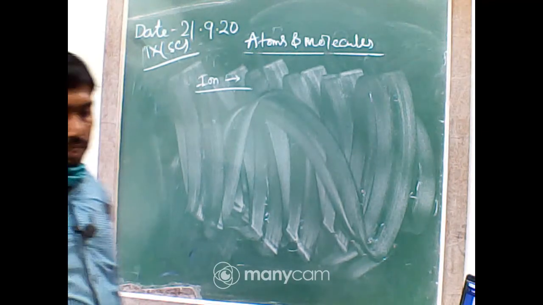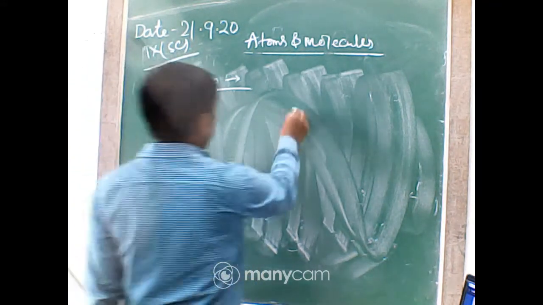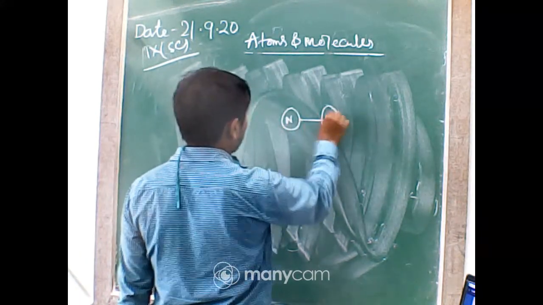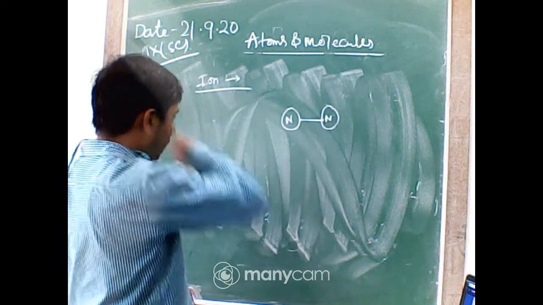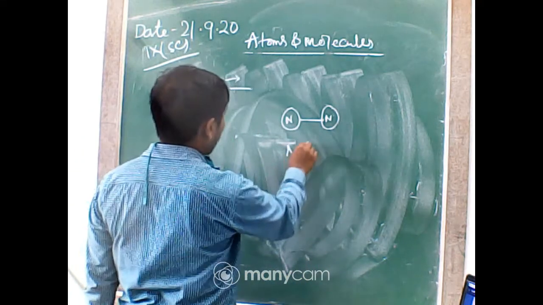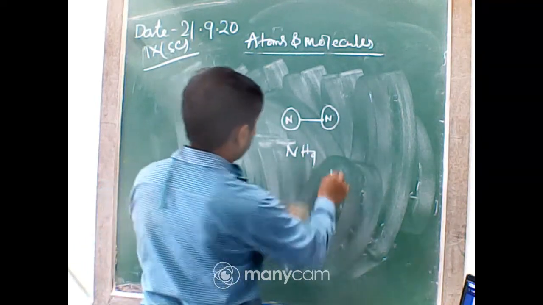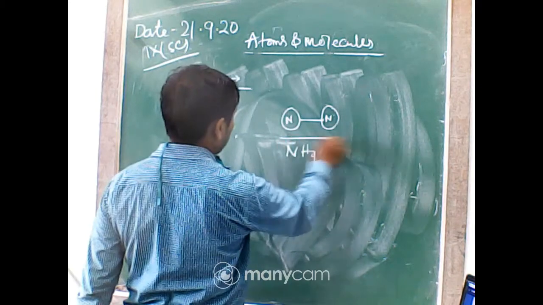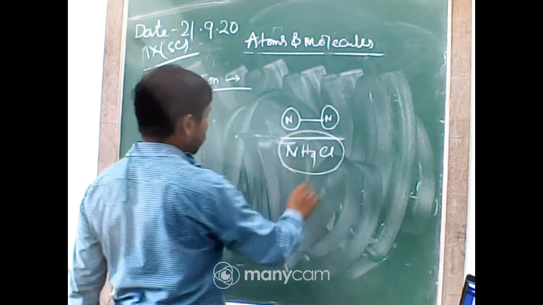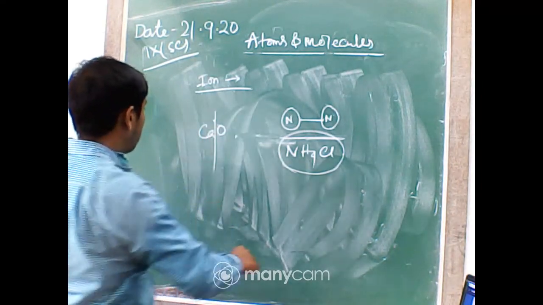Now just think about two nitrogen atoms linked together by binding forces, and some compound, for example calcium oxide. Just think about calcium oxide.